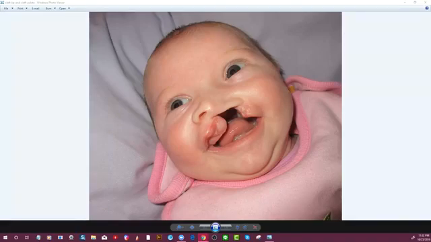If one child is born with a cleft lip, the chances are 4% that the second child will exhibit the same defect. If the first two children are affected, the risk of cleft lip increases to 9% for the third child. And the more severe the anatomical defect, the greater the probability of transmitting cleft lip will be.